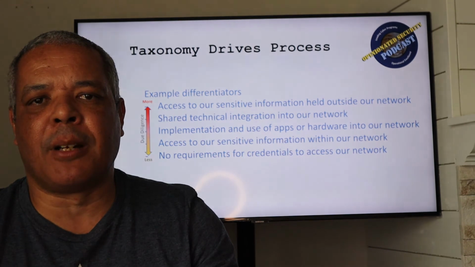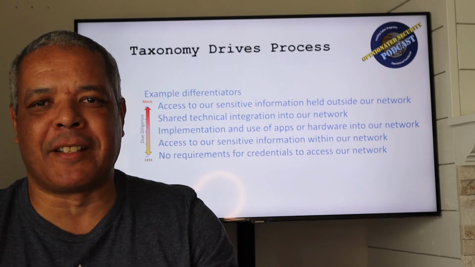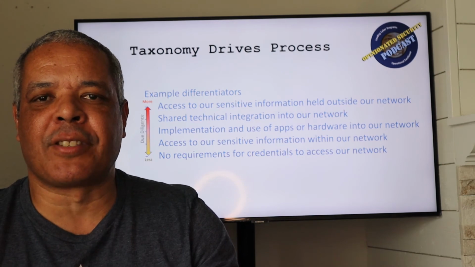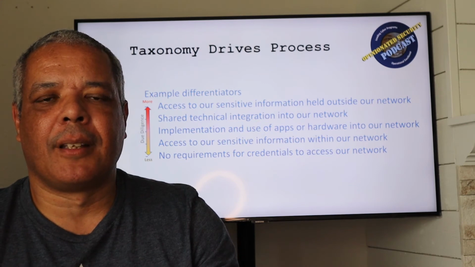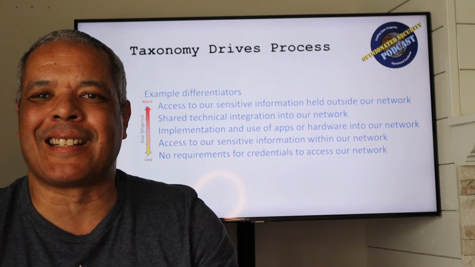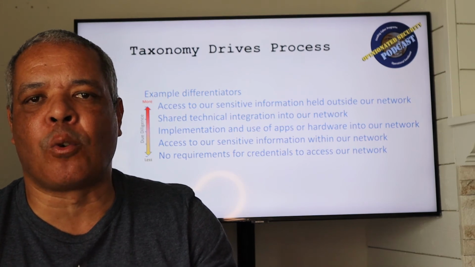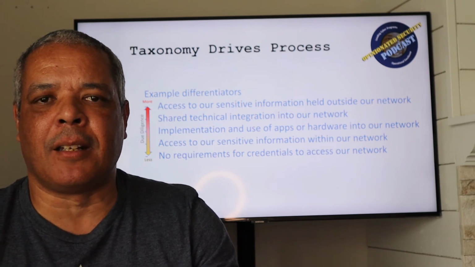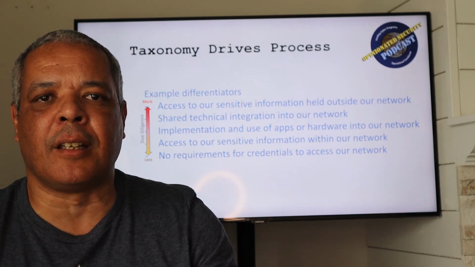There's a common saying among engineers that if you don't know what it is, it's probably DNS. It's always DNS, but clearly at the CISO level or at the senior cyber practitioner level, oftentimes it's taxonomy that we need to worry about. So what I've developed here is just a set of differentiators, example ones that probably apply to almost any organization, and I've ordered them in my opinion in the order at which the most due diligence is required.